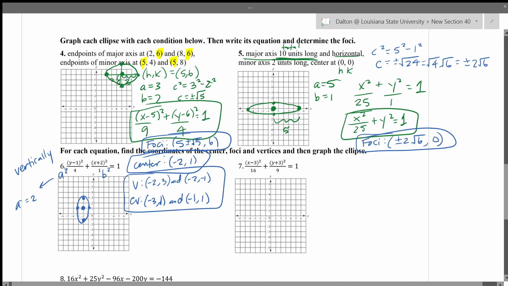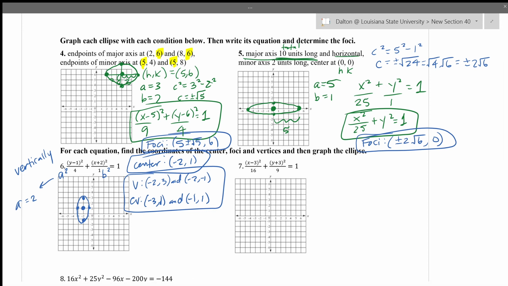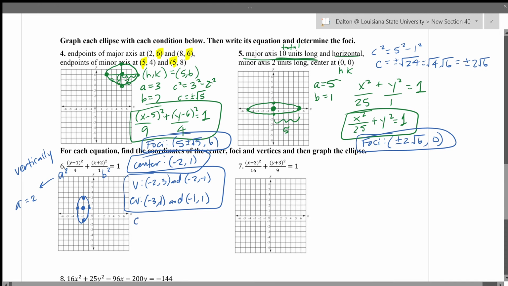And then the last thing to find is the foci. Again, by graphing, we really have no idea where they are. So we need to find, using A's and B's and C's, where that is. If we know that C squared is A squared minus B squared, y'all, A squared and B squared are given in the equation. So if I just use those numbers for A squared minus B squared, that'll be 4 minus 1, which is 3.